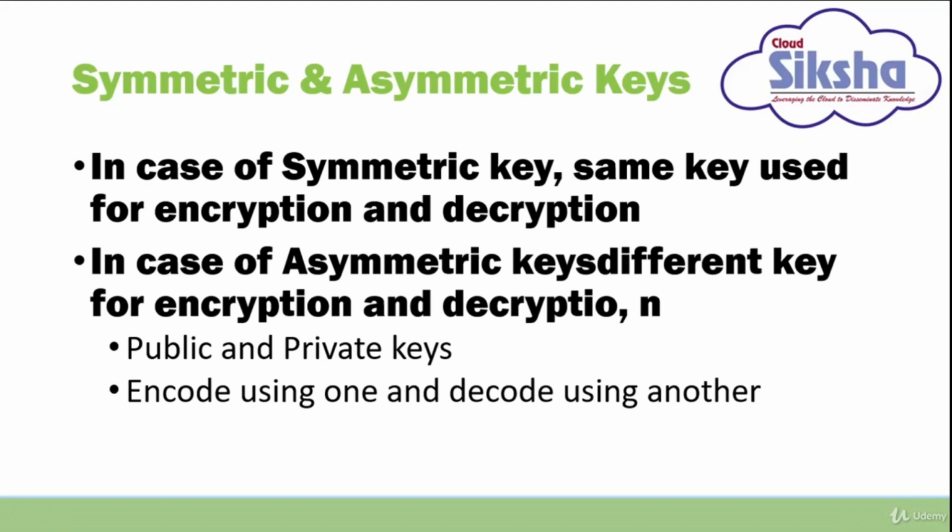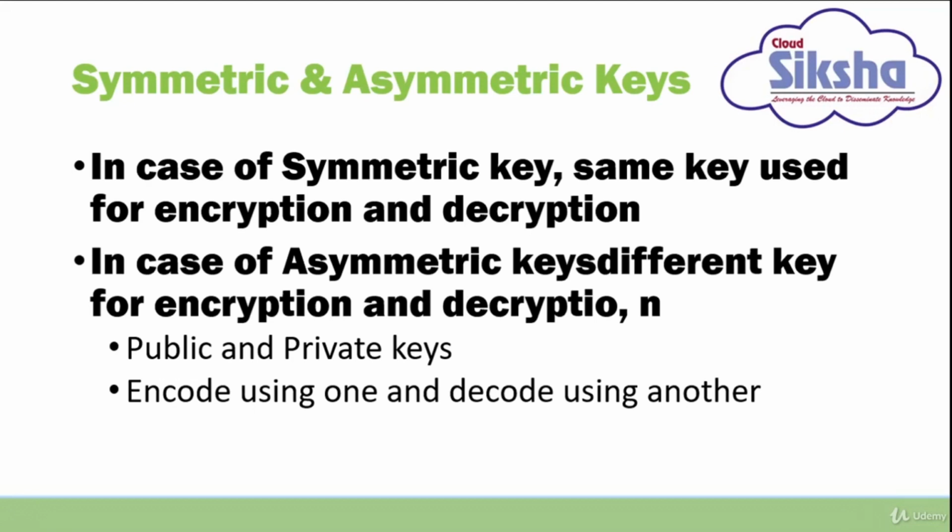In case of an asymmetric key, you will use different keys for encryption and decryption. That is, there is one key for encryption, and a different key which will decrypt it. This is generally called public-private keys. If you look at the EC2 module, you will find that you have to download what is called a private key, and the public key is available with Amazon.